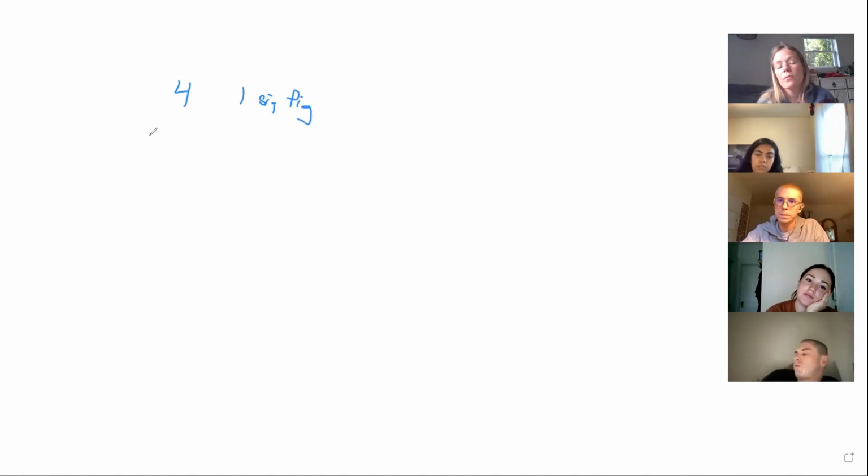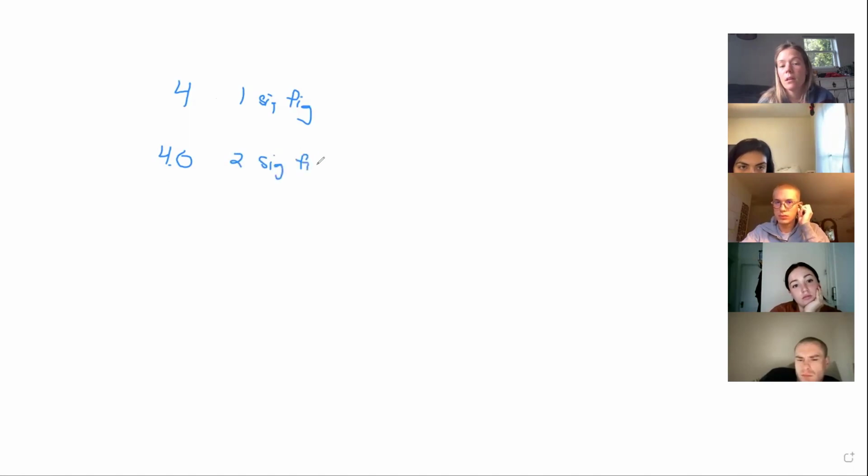Well, instead of writing it as 4, what if it was written as 4.0? This thing has 2 sig figs. According to this rule that we're talking about, zeros that come after the non-zero part of the number and after a decimal place are significant.